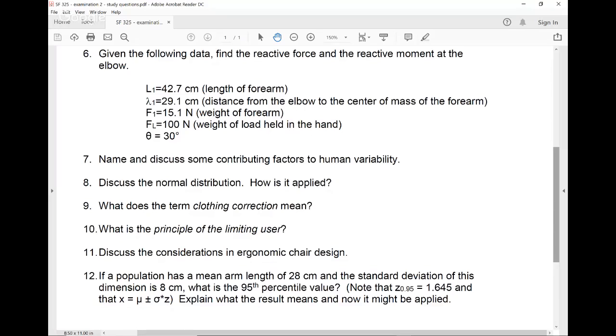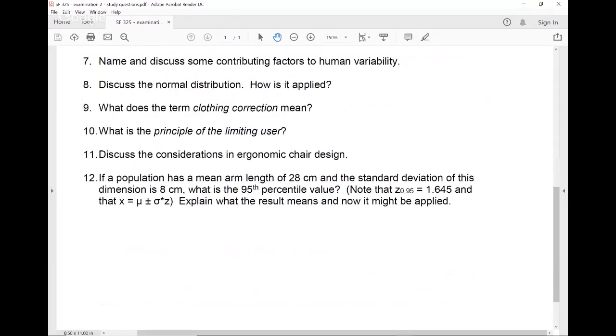What are some of the factors that contribute to human variability? We looked at a bunch of graphs for these, and you don't really need to discuss it in any more depth than what we talked about in class. Just what are some of the categories that make us different?